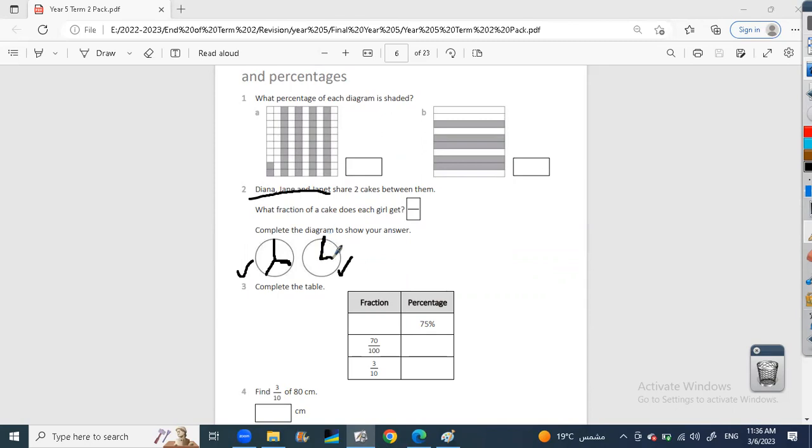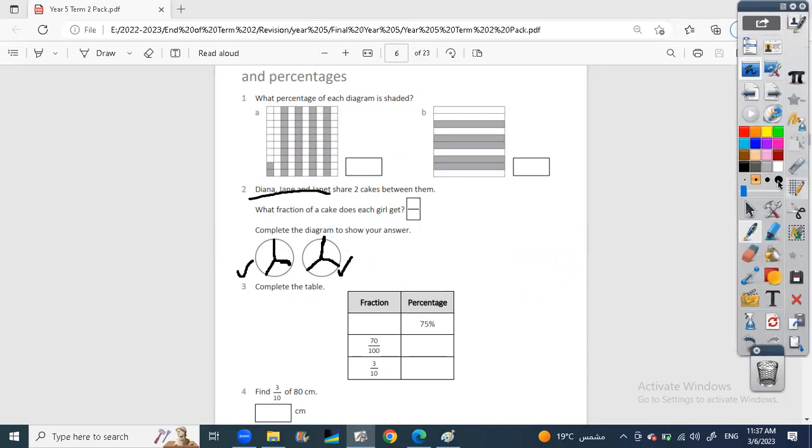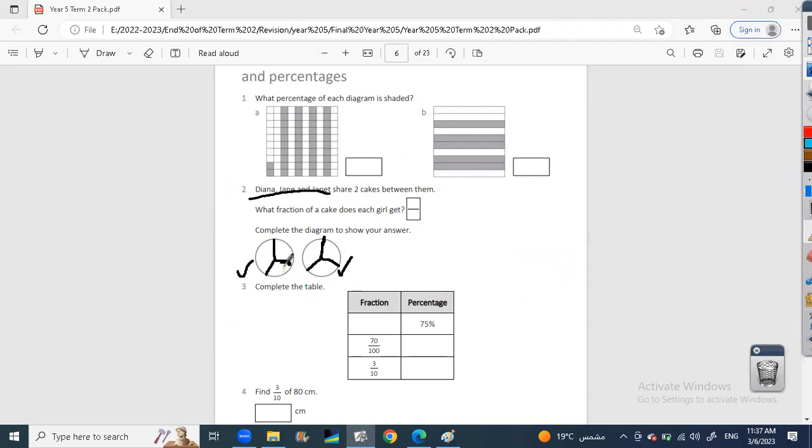Okay? Now we divided them into 3 parts. Why? Because we have 3 people sharing the 2 cakes. Each one of them will take a piece from here and a piece from here.